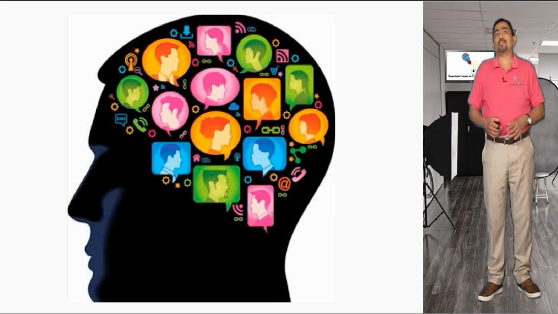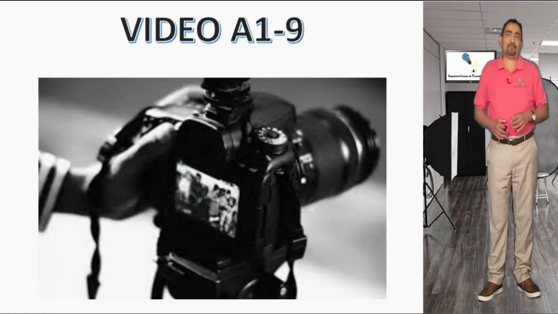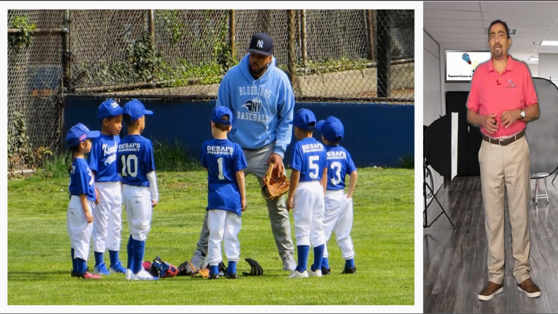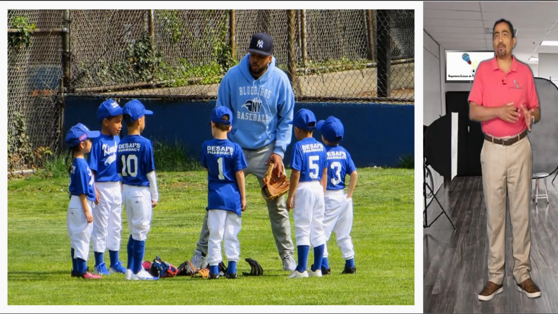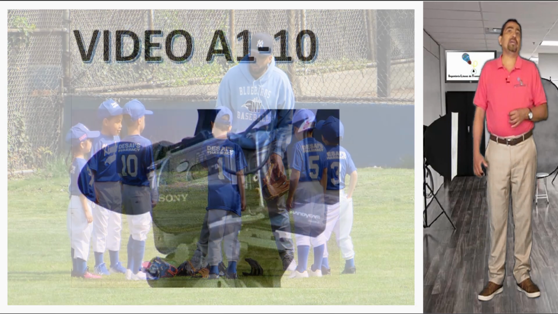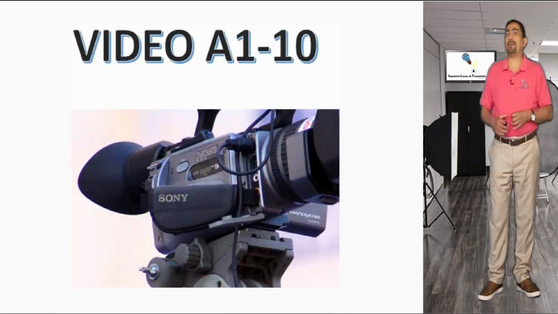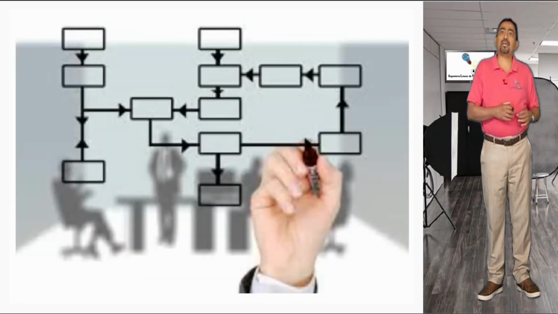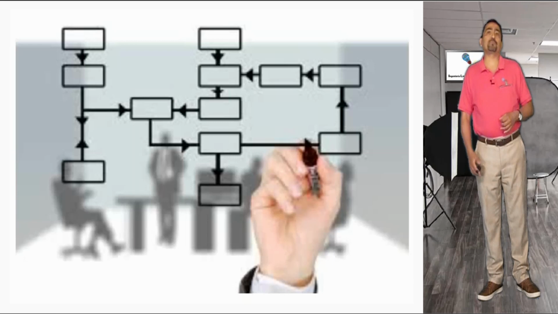So let's get started. On video A9, we will describe the disciplines involved in a project, the role of each one, and the interaction between them. Video A10, we will talk about the design logistics and flow of the design for a transmission line project.